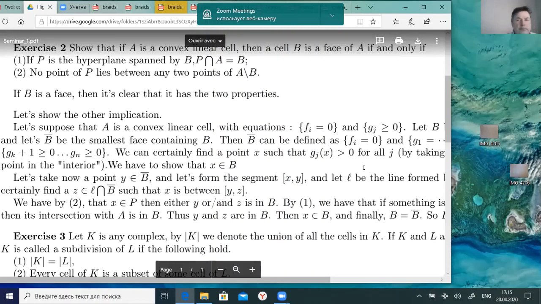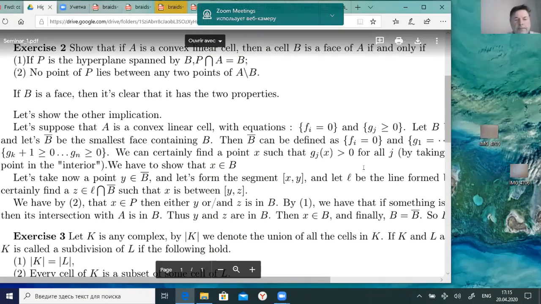So we can form a line, and there is a point Z which belongs to the intersection of the line and B bar, and X is between Y and Z, with Z the new point that we just added.